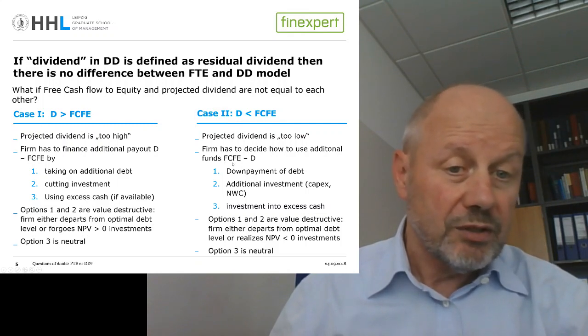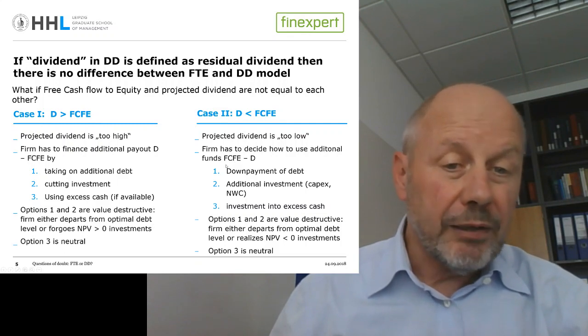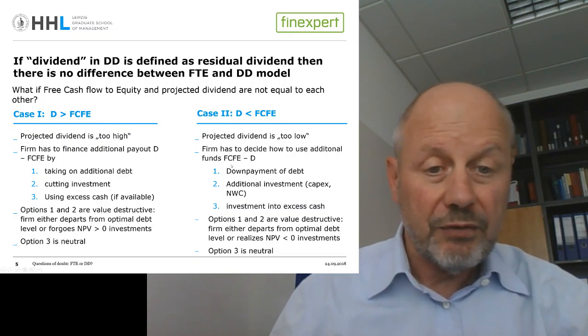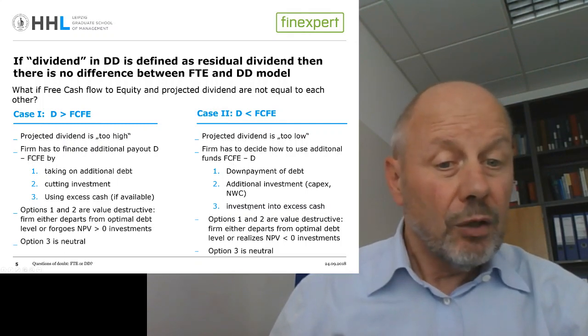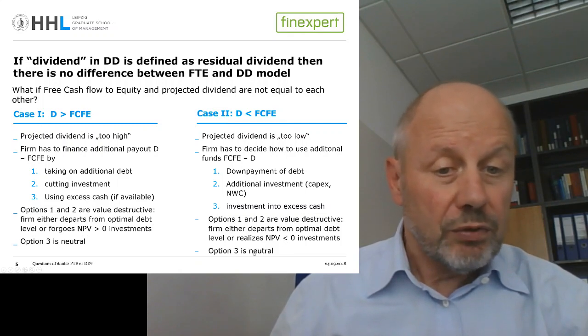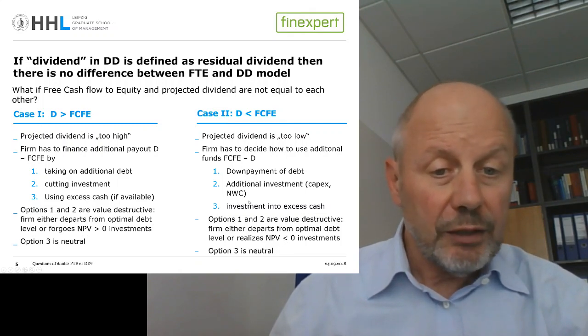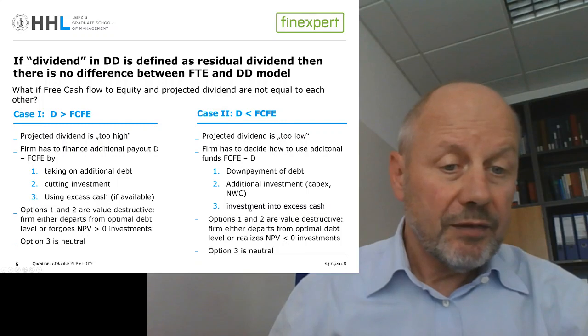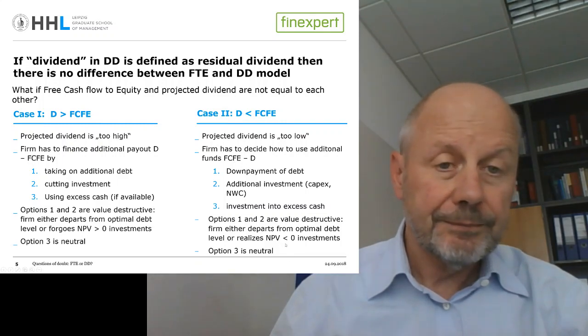Note that the definition of the free cash flow to equity implies that the capex and the delta net working capital all carry a positive net present value. Again, only the third option is neutral under certain conditions, if the firm invests the additional money on corporate level into excess cash.